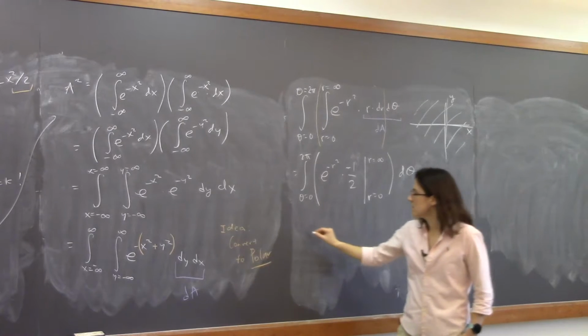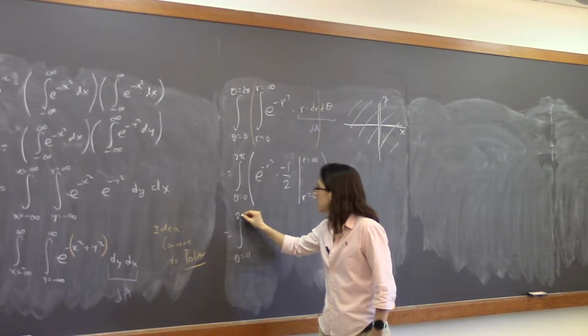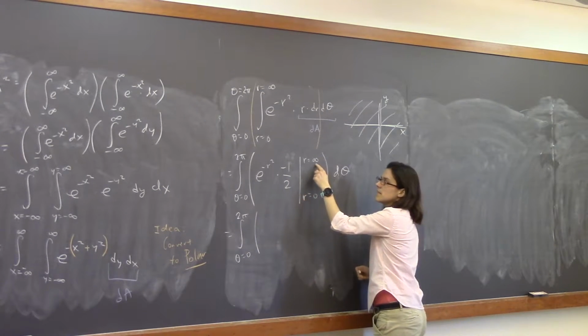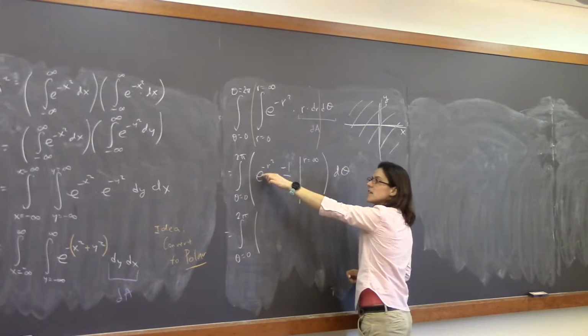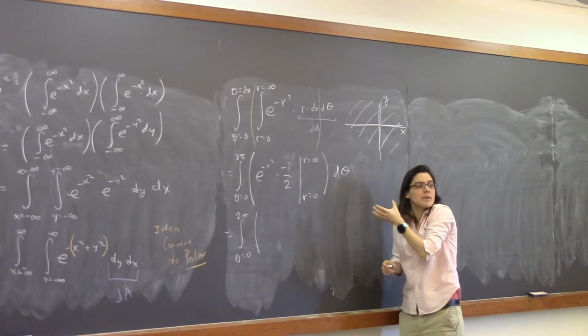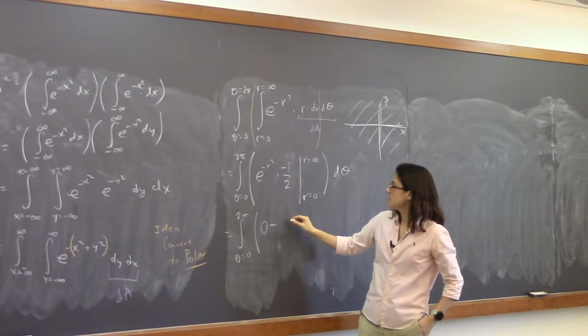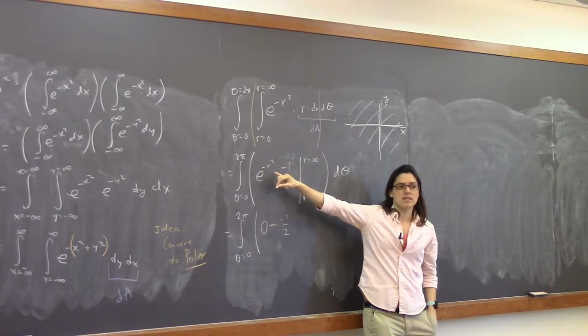Okay, let's do it. So this is the integral from theta equals 0 to 2 pi of, first we plug in the limit as r goes to infinity of this expression. 0, yeah, because you're taking e to a negative really big number. So that's 0 minus negative 1/2 times what we get when we plug in r equals 0, which is 1.